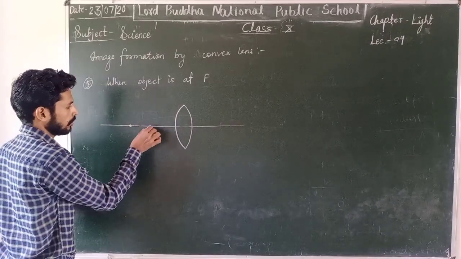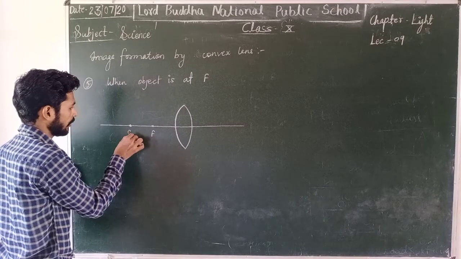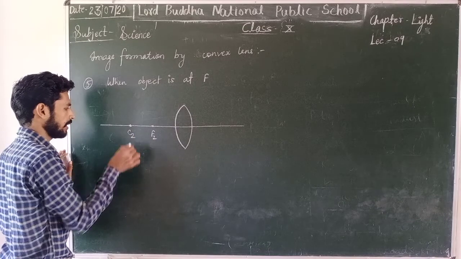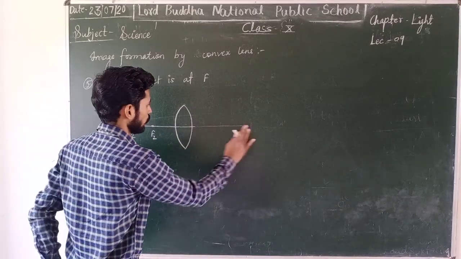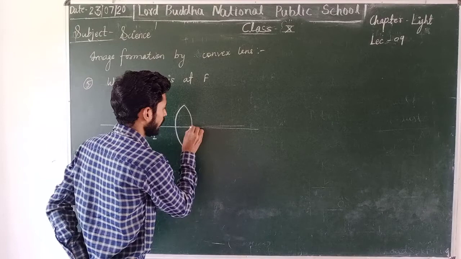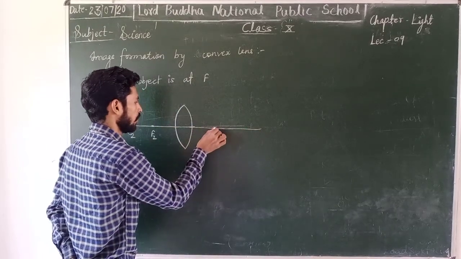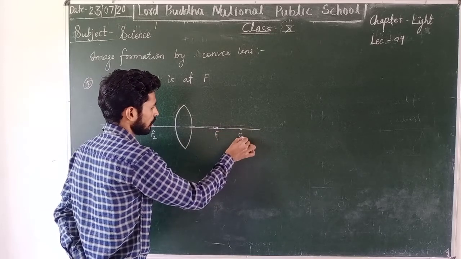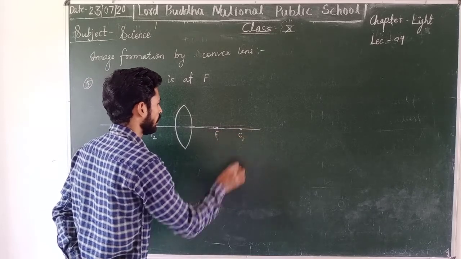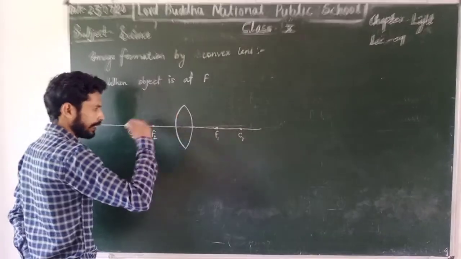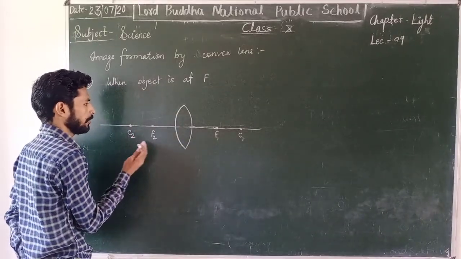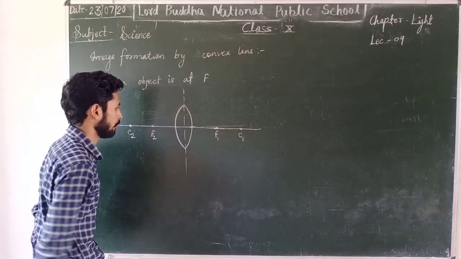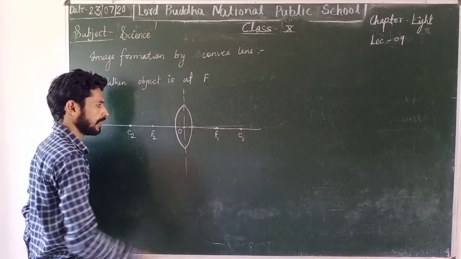Now locate the focus and center of curvature C, that is the secondary focus, and this is the secondary center of curvature of this lens. On the right side of the lens, suppose there is a point which is the primary focus and the next point is the primary center of curvature. So C1 and F1 are on the right side of the lens and C2 and F2 on the left side of the lens, and draw the optical surface, and this point will be optical center O.